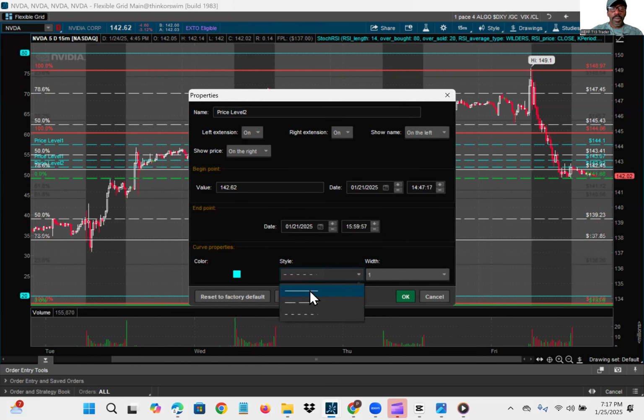This is my weekly, daily, which is market support and resistance. You see that? Market support and resistance. And this here is aftermarket support and resistance.